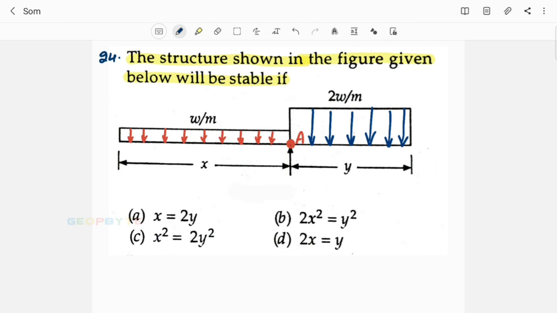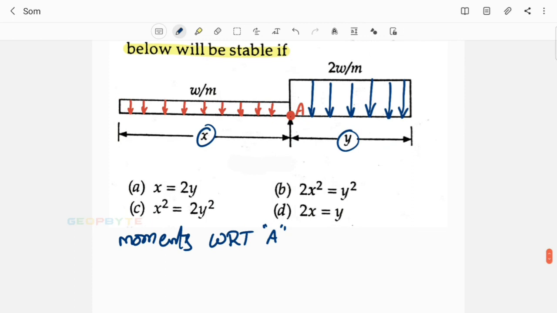To know the relation between X and Y, let us take the moments with respect to A. With respect to A, this W is developing the anti-clockwise moment, and this 2W is developing the clockwise moment.